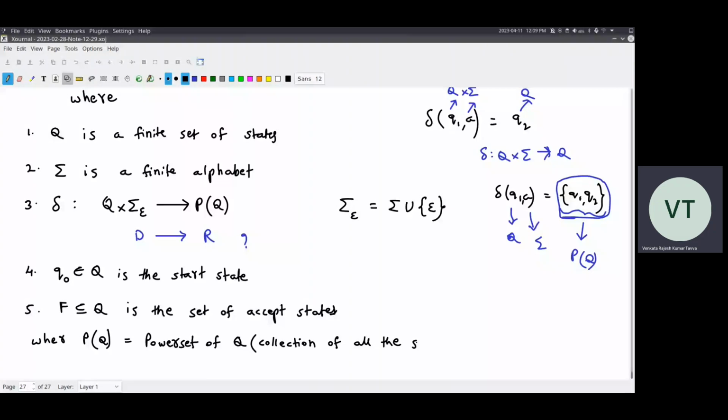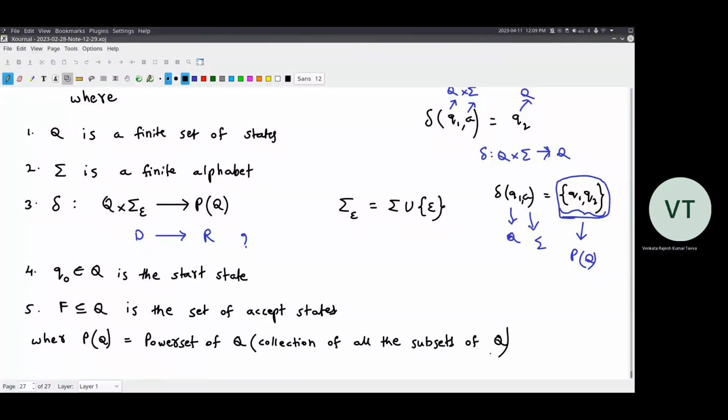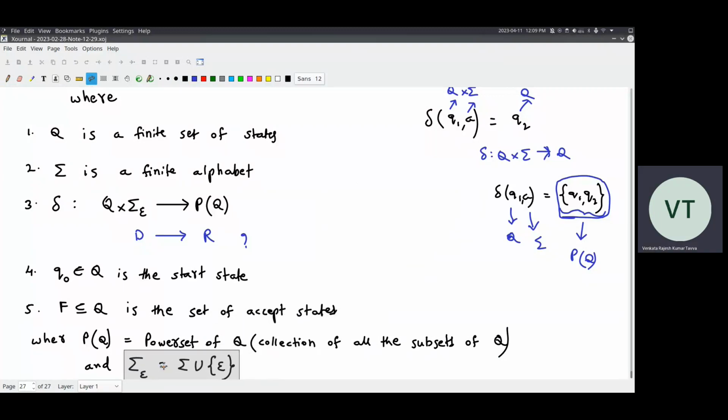F is a subset of Q, all the subsets of Q, and this one, sigma subscript epsilon is nothing but sigma union epsilon.